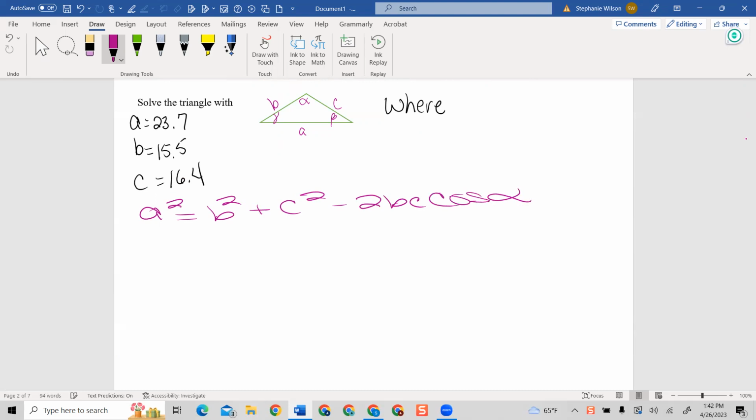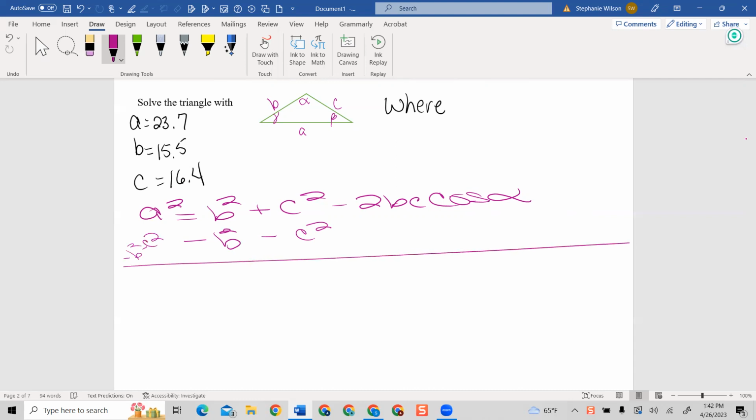Remember, on the cosine laws, if it's a equals, then it's alpha for the angle; if it's b equals, beta; if it's c equals, gamma. Whichever one you use, just make sure you set it up correctly. I'm going to subtract because I'm solving for the angle. I know the sides, so let's subtract these sides from both sides.